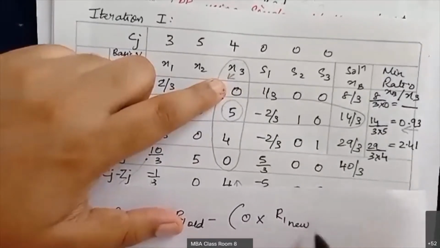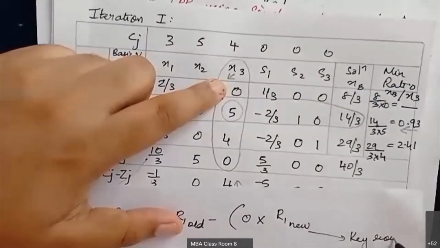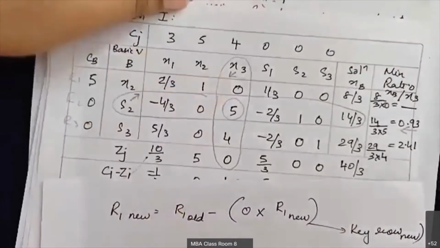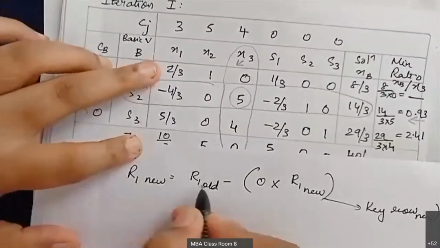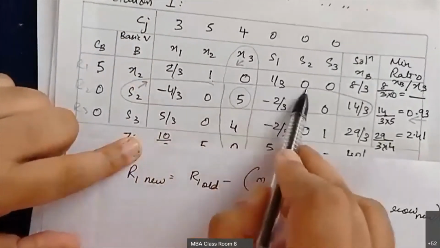R1 new is our new key row. This is the same as key row new. In the previous step we found this value. Quickly tell me R1 old, all the values. R1 old is 2 by 3, 1, 0, 1 by 3, 0, 0, and 8 by 3.